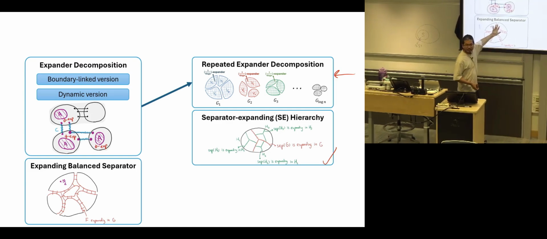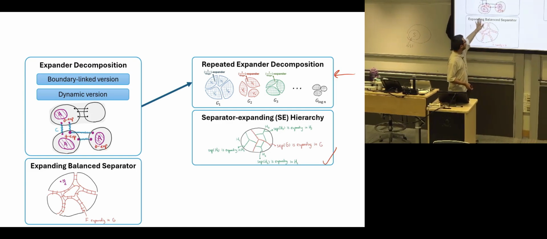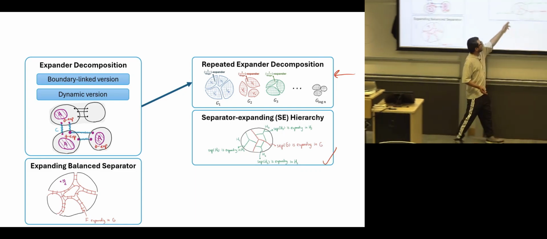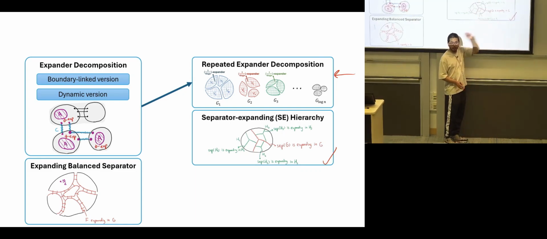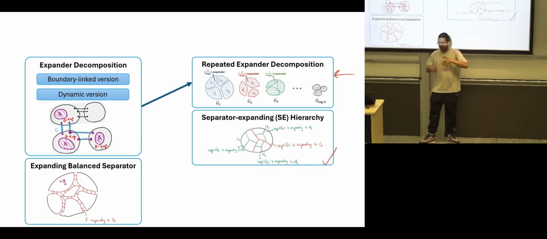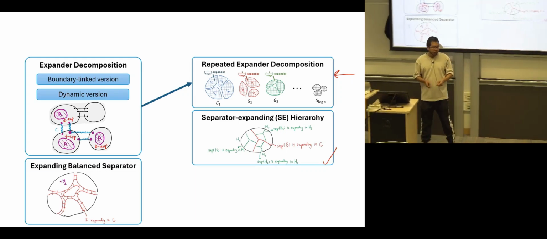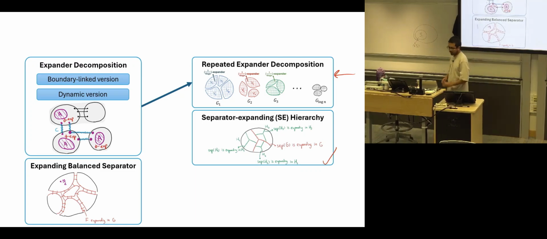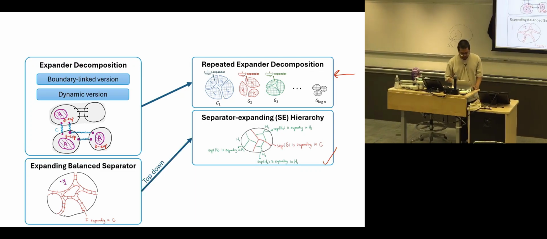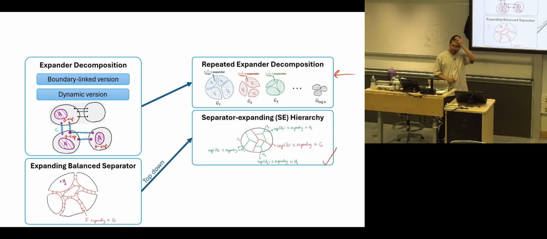Just keep applying expanding balanced separator to get the separator at the top level, and then recurse on each component. The recursion depth will be log n. So if this is fast, then this is going to be fast too.